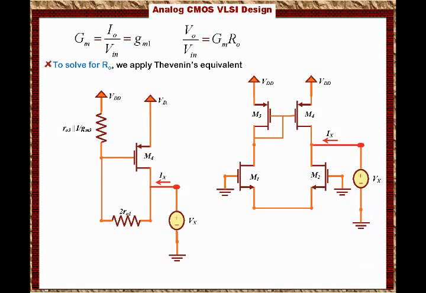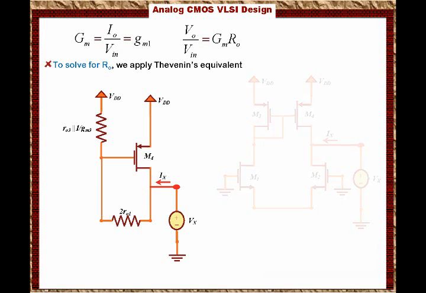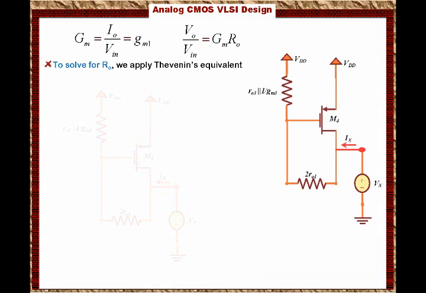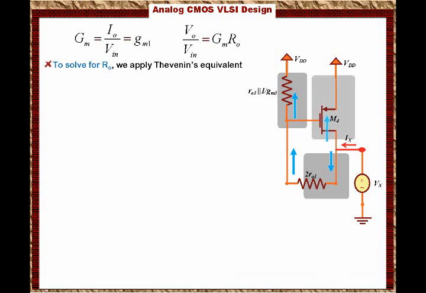By any means, now I would like to solve for Ix. So Ix will equal the current going through M2, which is the same as the current going through M1, which is the same as the current going through M3, and the current going through M4. Now, the current going through M4 has two portions.